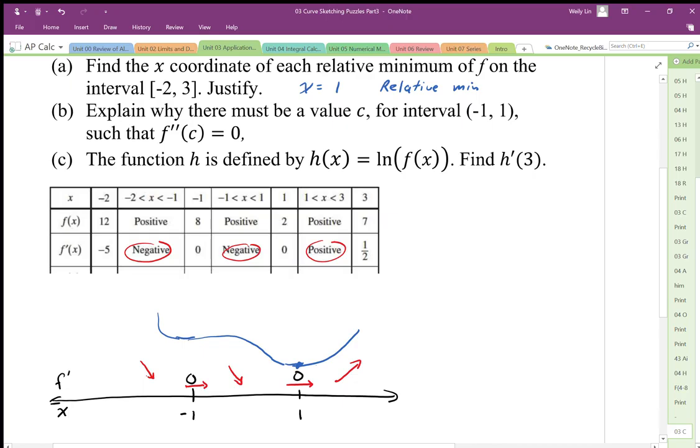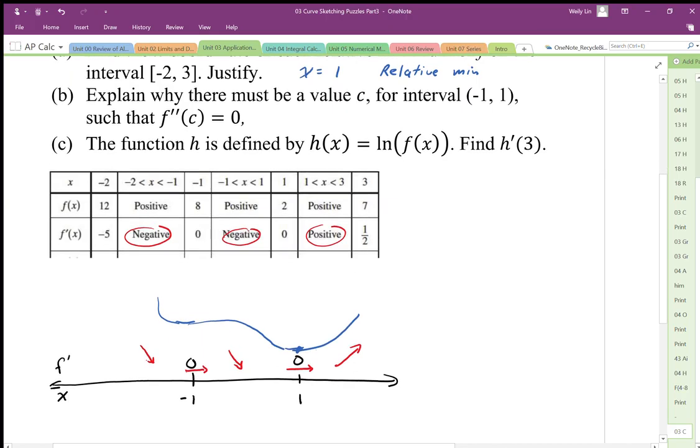Okay, so for part B, it says explain why there must be a c value on the interval -1 to 1 where f double prime of c equals 0. Well, this relates to the mean value theorem. If I take a look at f double prime of c, really what that means is it's the slope of the f prime function.